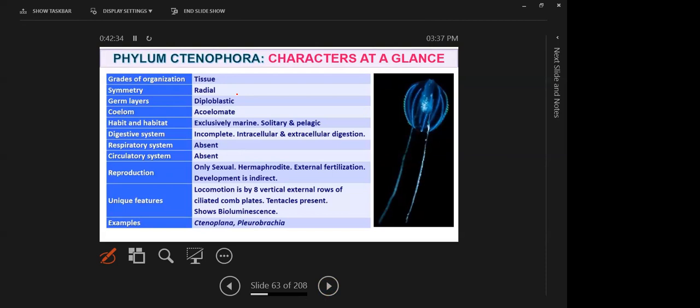Yes, ma'am. The grade of organization is tissue. It has radial symmetry. It's diploblastic, acoelomate, and exclusively marine, solitary, and pelagic. The digestive system is incomplete, with intracellular and extracellular digestion.